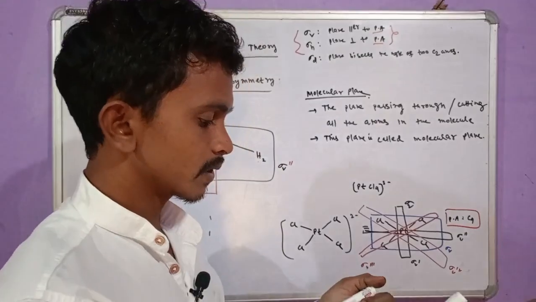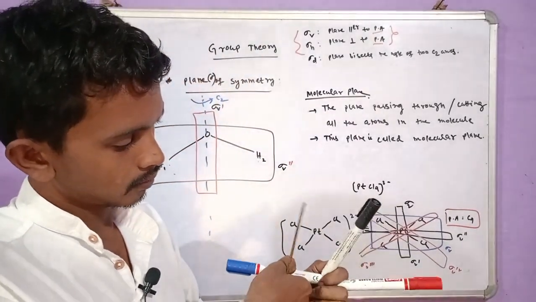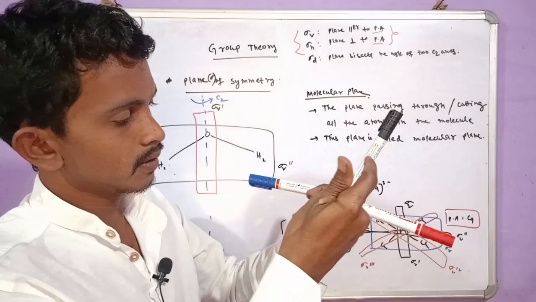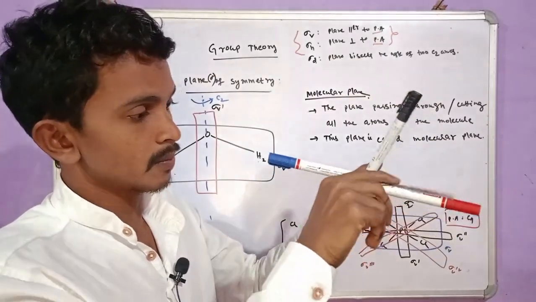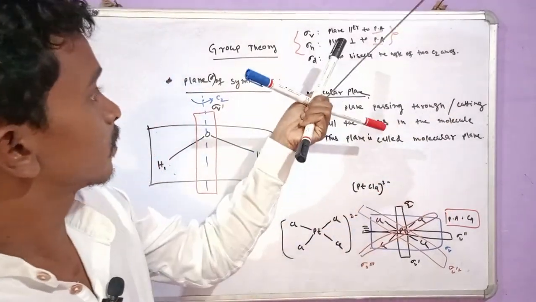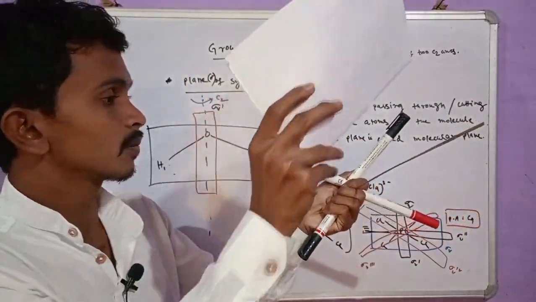In the other case, this is our principal axis C4. Now, is sigma h present or not? It should be perpendicular to the principal axis.